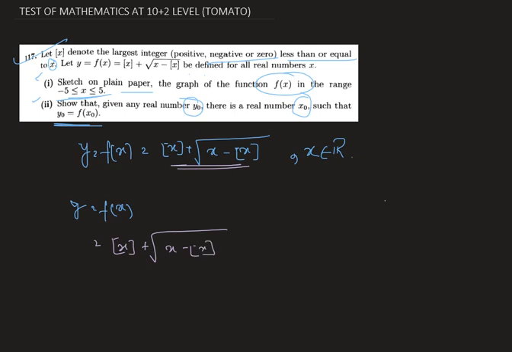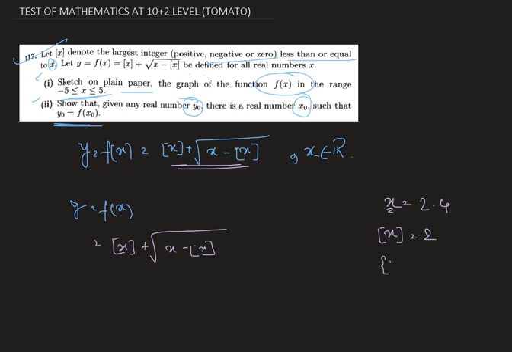Now let x be a particular case, suppose 2.4. Now the value of box of x is 2, as this is the greatest integer which is less than or equal to small x.